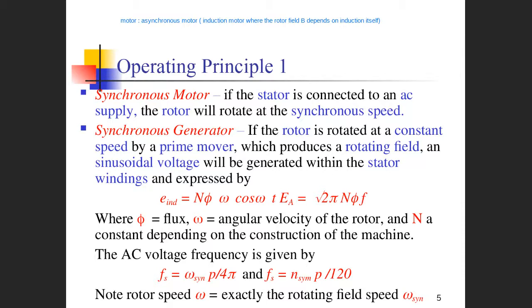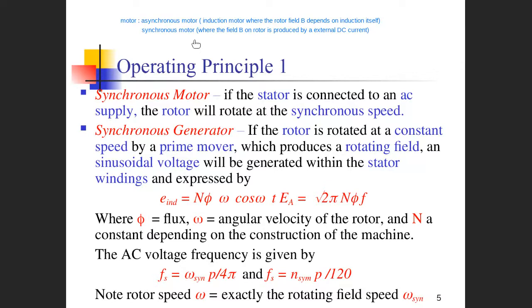In practice, in most cases we use induction motors as the power motors, because there we just use one electricity.